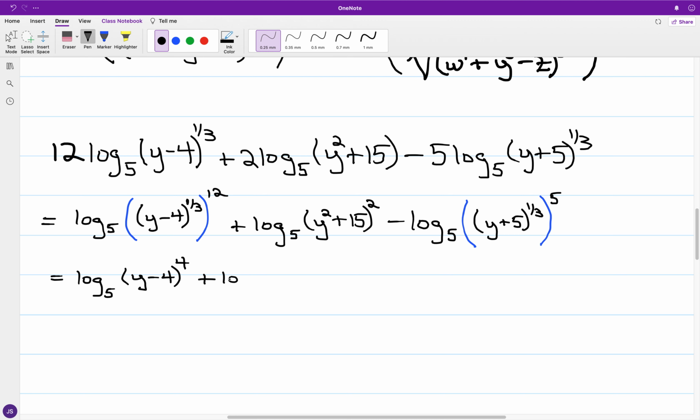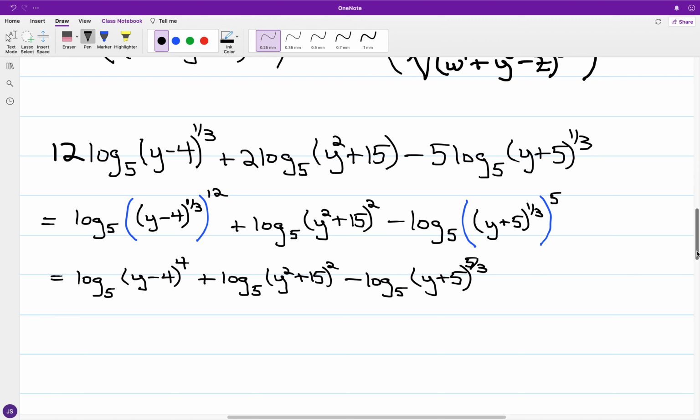And we're going to have plus the base 5 logarithm of y squared plus 15 raised to the 2nd, and then minus the base 5 logarithm of the quantity y plus 5. With the power property, this will be to the 1/3 times 5, so the power is 5/3.